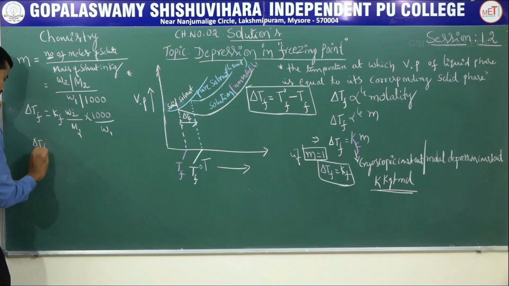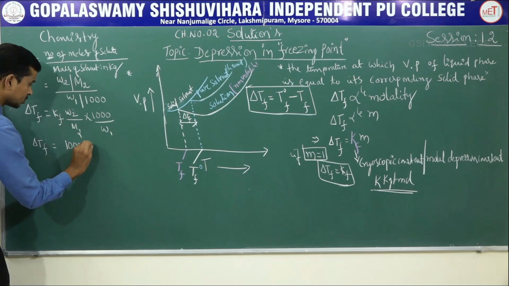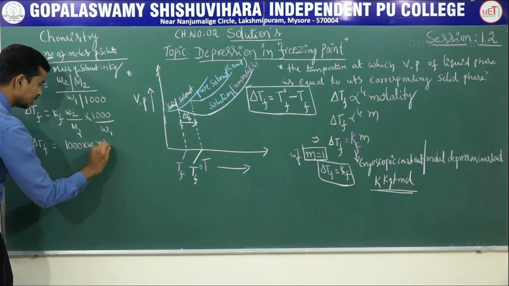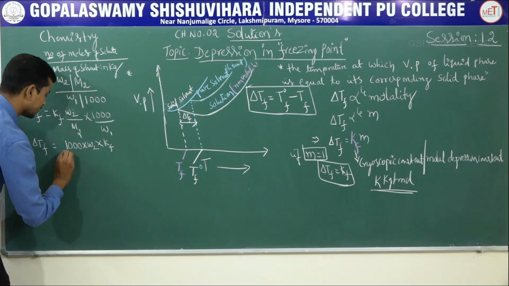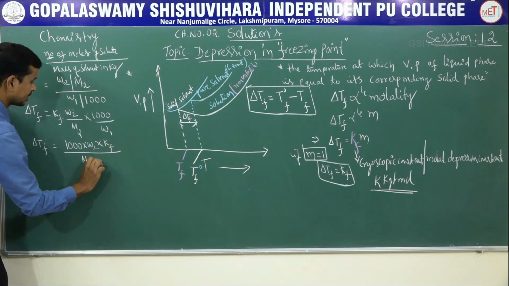Therefore delta Tf is equal to 1000 into W2 into Kf divided by M2 into W1.